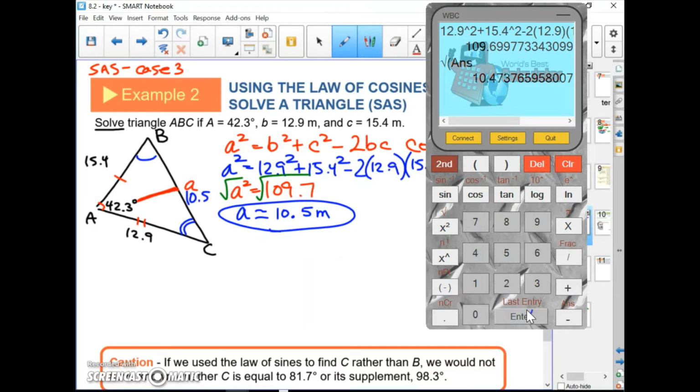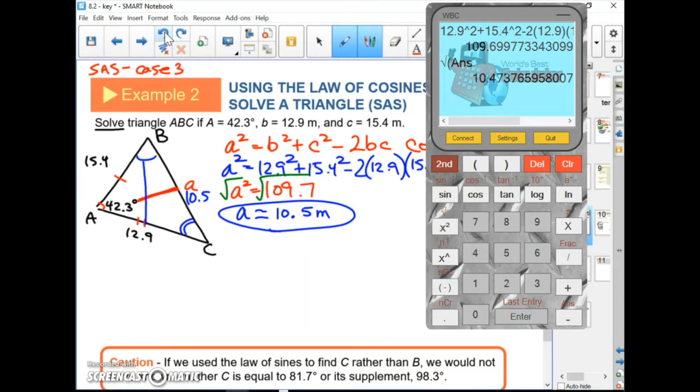Angle B. Okay? Angle B, you can tell because angle B is across from 12.9, angle C is across from 15.4. You can tell that the largest angle is across from the largest side. So I want to find the smaller of those remaining angles. I'm finding angle B. And what we're going to do is go back and use the law of sines in order to pick that up.